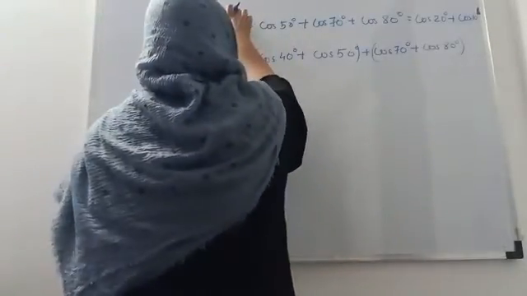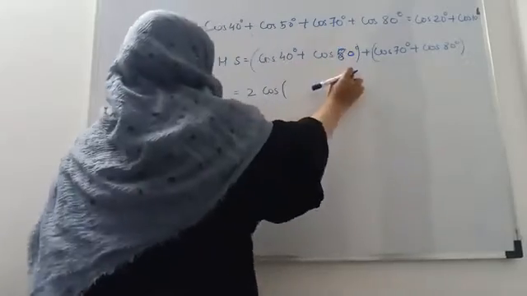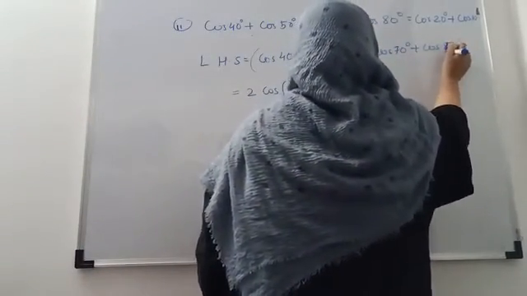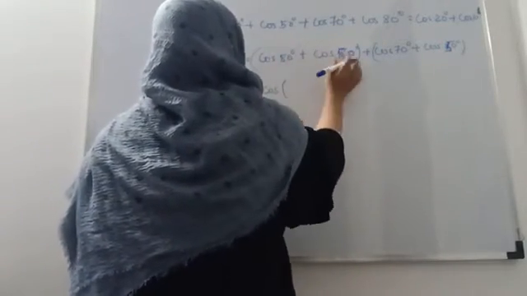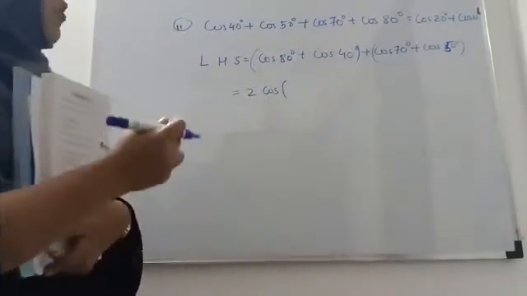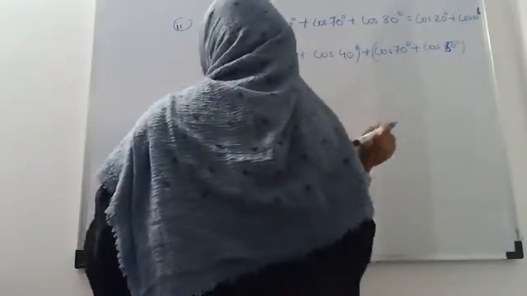So to make it work, I'll club 40 with 80, so the sum is 120, and 50 with 70. We will write 80 first and 40 after, to avoid the negative sign.